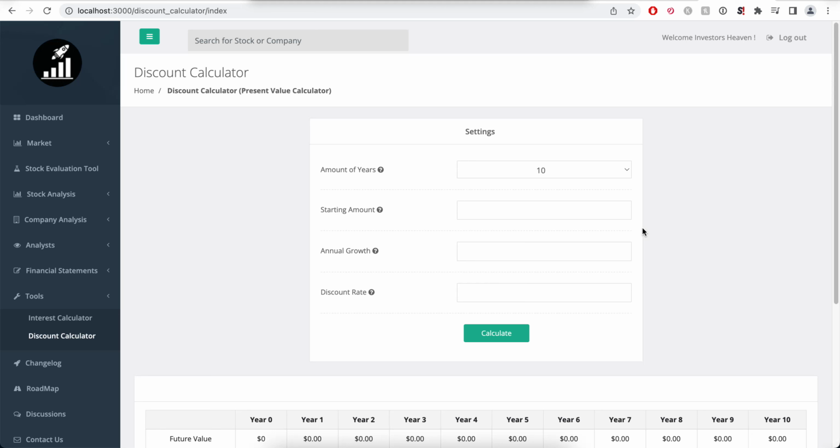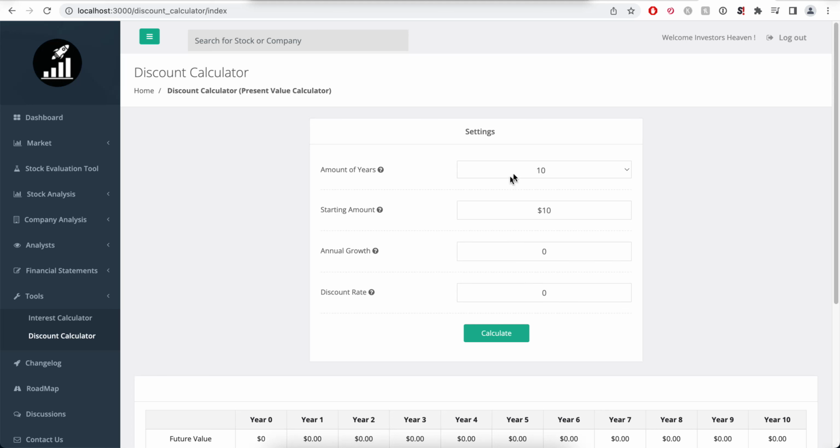So let's just say I'm willing to sell you an investment that makes $10 a year. You do know that the investment makes $10 a year, but every year it looks like we are getting, let's just say, 10% growth. So it's not actually $10. Actually, let's start with that. Let's just say that annual growth is 0 here. And discount rate, I'm going to explain later what it is.